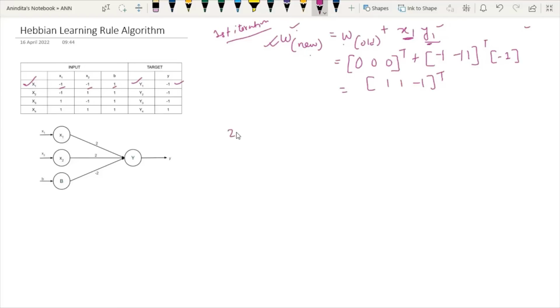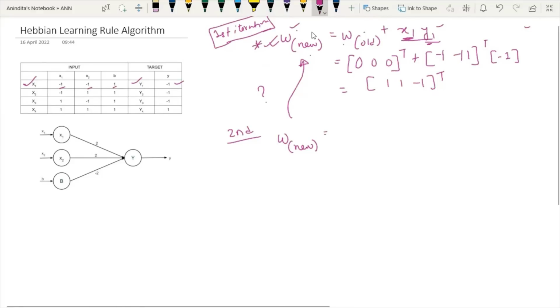Now see how the second iteration will work. Again we have to calculate W new, which means W old plus this value. Now the biggest question is, what is the W old value? Here the W old value is just the previous value that we encountered in the first iteration. The computed W new value of the first iteration will be treated as the W old value in the second iteration.